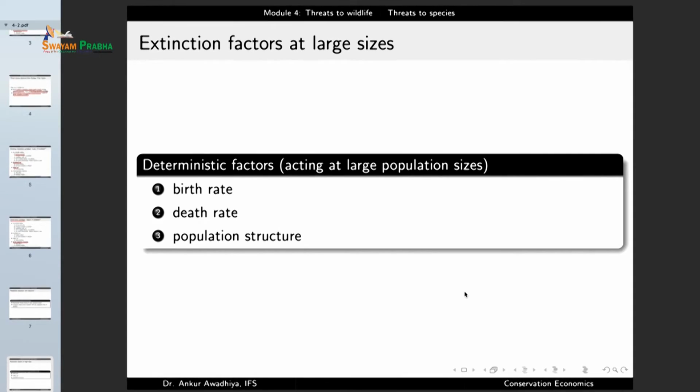Suppose your population is now comprising of individuals that are very old. So it is just a matter of time that the population will collapse, because these very old individuals will not be able to breed. So at all points of time, you need to have a population structure that comprises of certain young individuals, a number of mature individuals, and some old individuals.